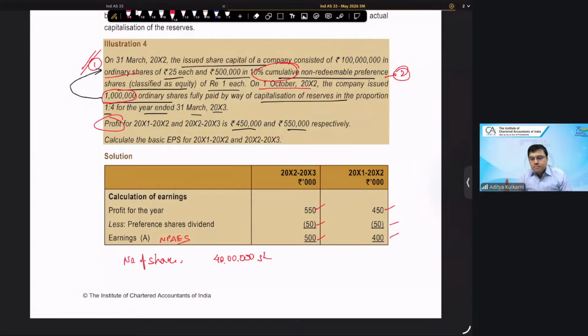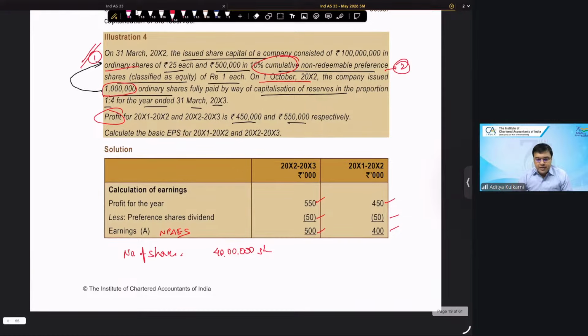Beginning of the period, sir. Beginning of the period. So though it is issued in this year on 1st October 20x2, I will calculate the number of shares right from the beginning of 20x1-x2. Yes, because they were not present only in the current year, they were also present in the previous year.